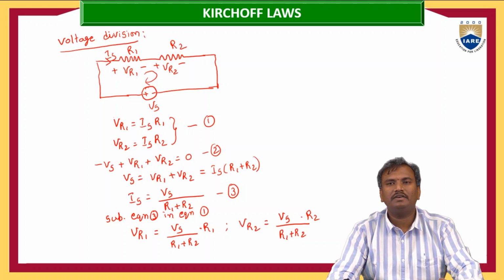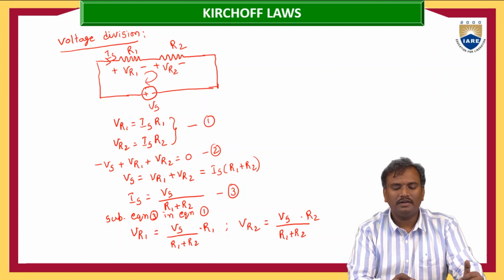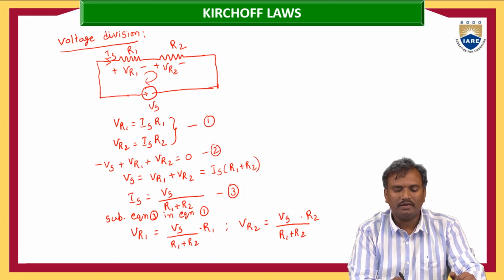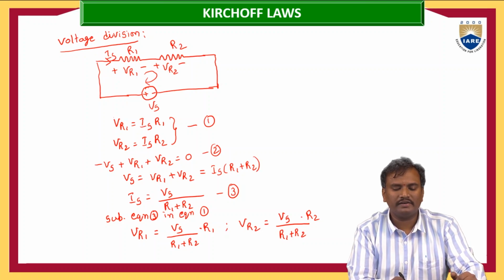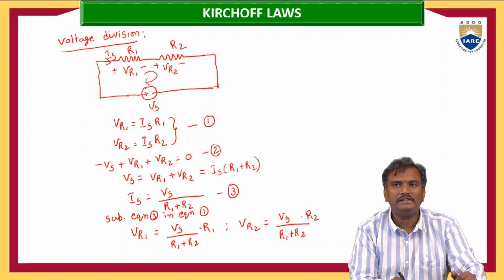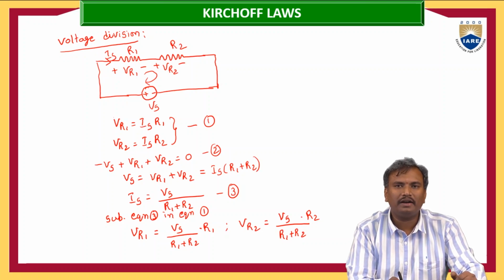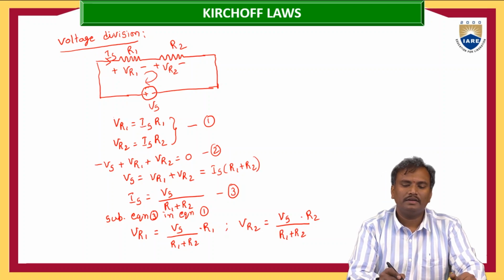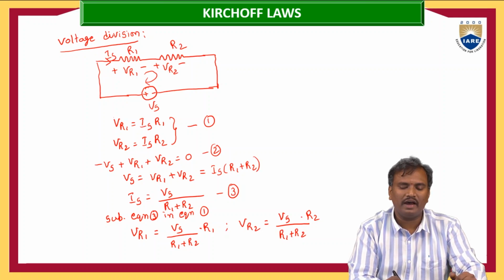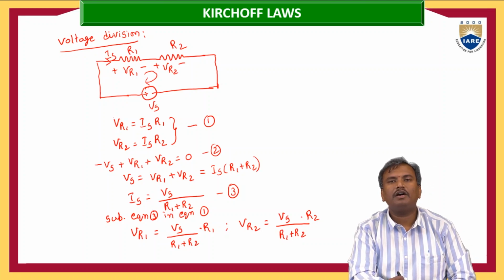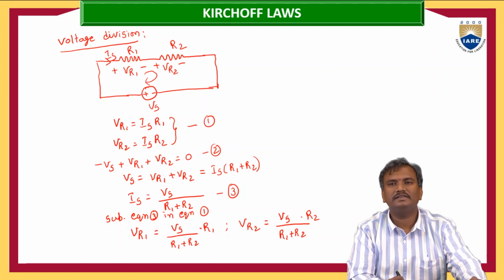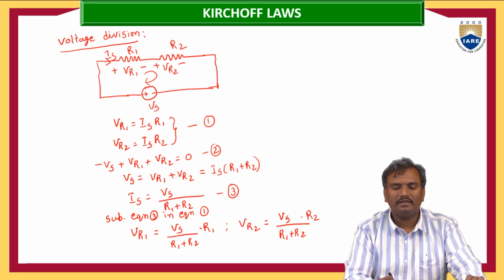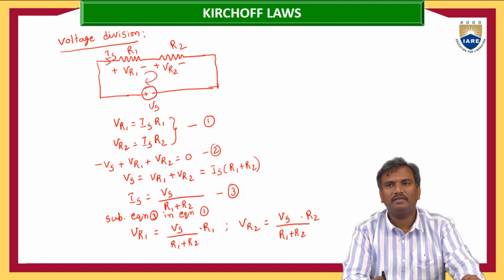From these equations, we can conclude that voltage across any resistor is equals to the voltage applied across the series connected elements multiplied with that particular resistance value divided by sum of resistors connected in series. In the same way, here also we got VR2 is equals to Vs into R2 by R1 plus R2.